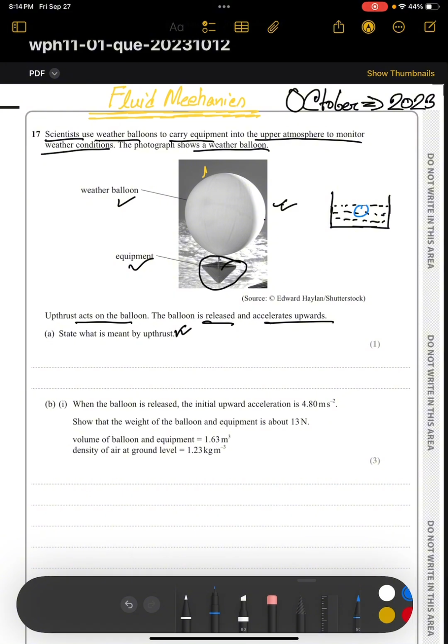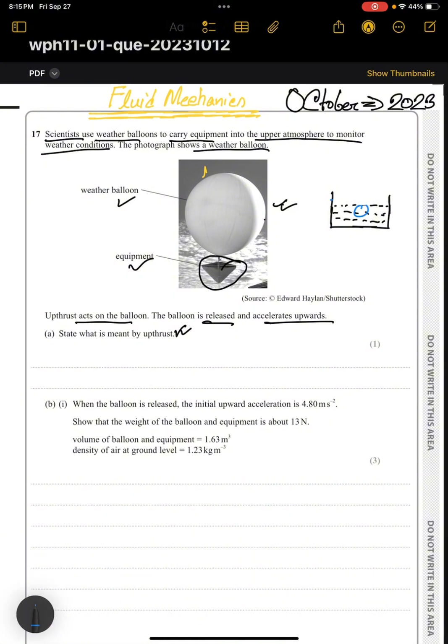When there is a balloon right here in the air, this balloon has displaced a certain amount of air, because previously there was air in these positions as well, but as the ball has taken its place, it has displaced a certain amount of air.